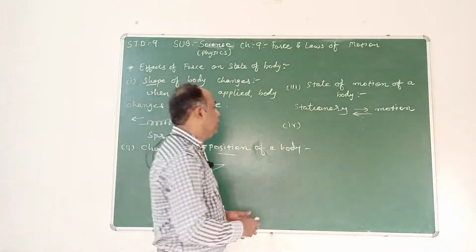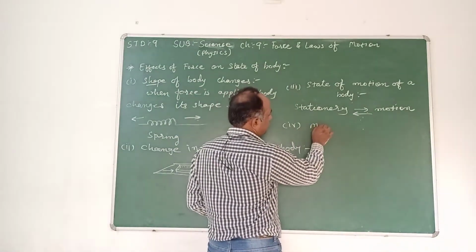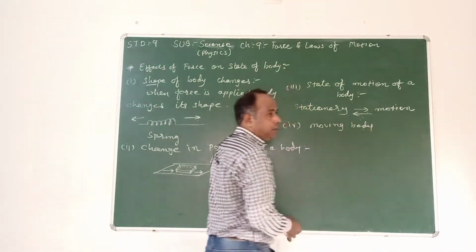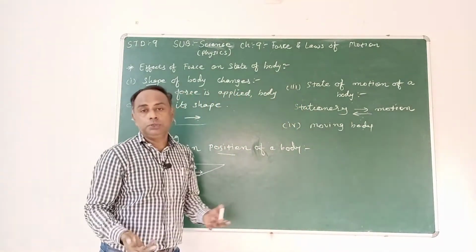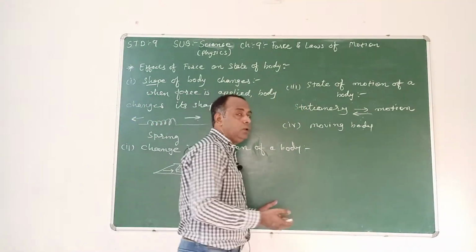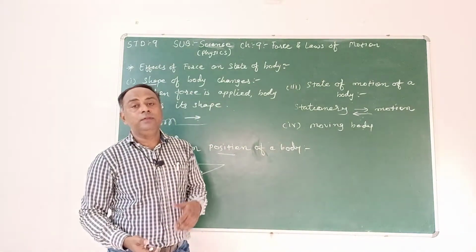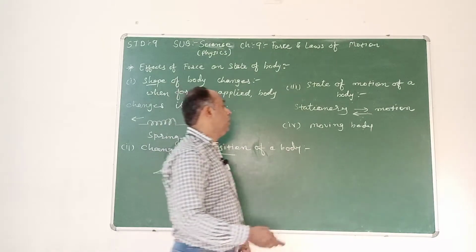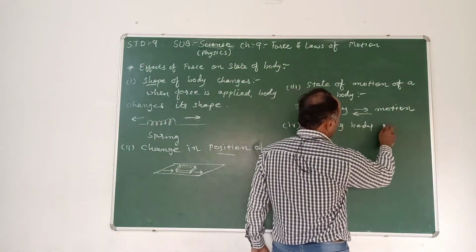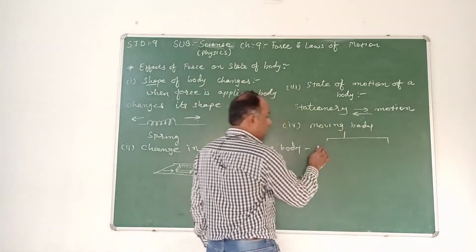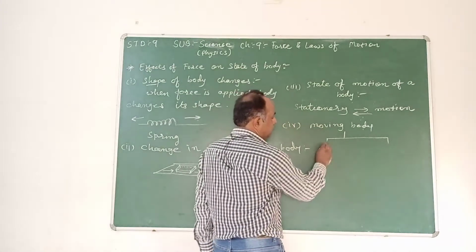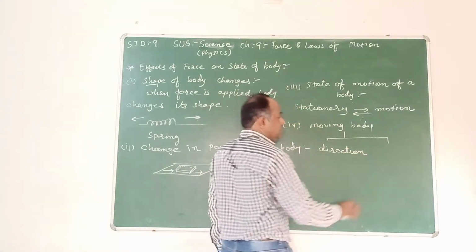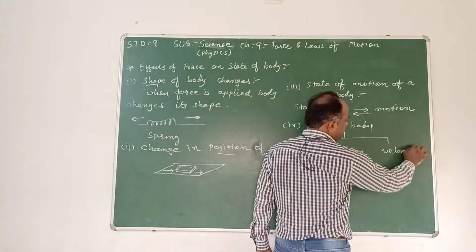So yes, a moving body, or a body in motion, can face a change of direction, and even a change of velocity. There are two possibilities: the direction of a moving object can be changed, and its velocity can also be changed.